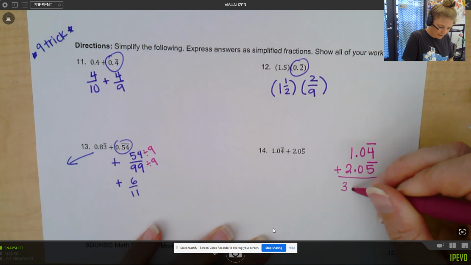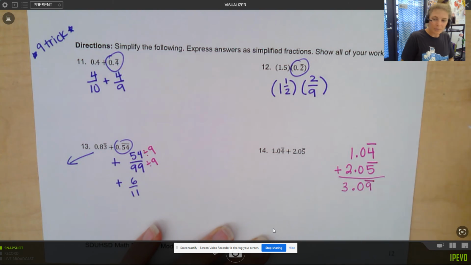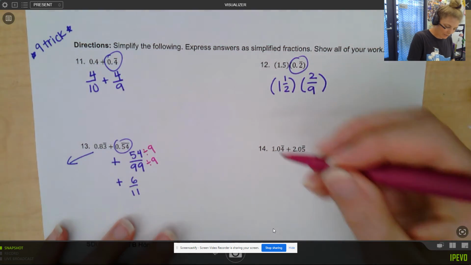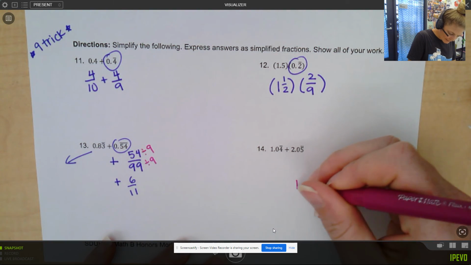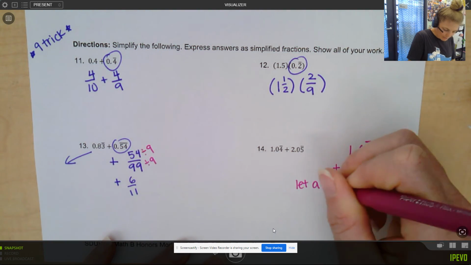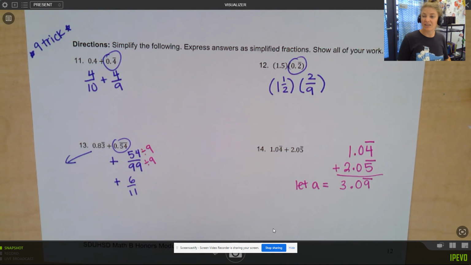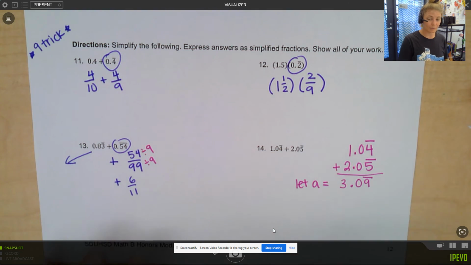And this is 3.09 with the 9 repeating. So all you have to do is let A equal 0.09, just the 9 repeating, and add it to the 3. Does that seem so much better than doing the process with 2 numbers? Not so bad. Okay, so take a moment, finish 11, 12, 13, 14, and I'll catch you when you're done.